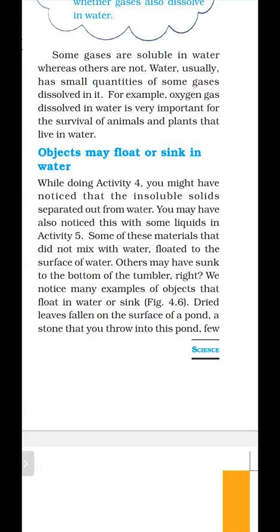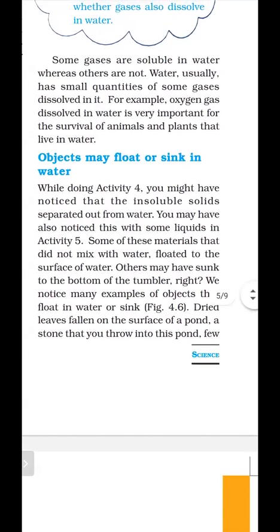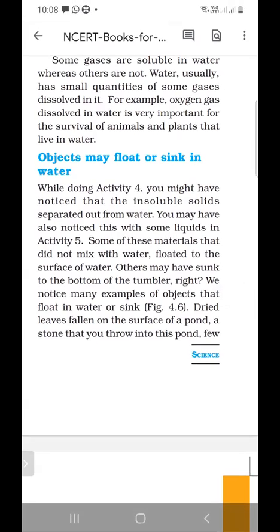So some objects can float in the water, and some objects can sink in the water. As we know, some materials can float and some materials can sink. So we take different types of material and add them into the water, and we check whether it floats or sinks.